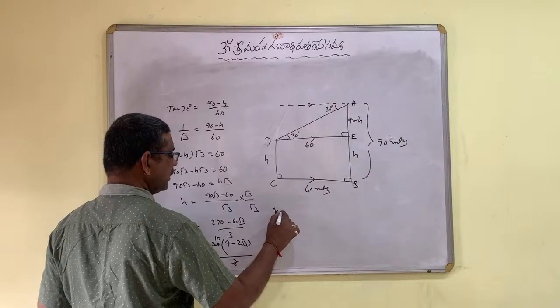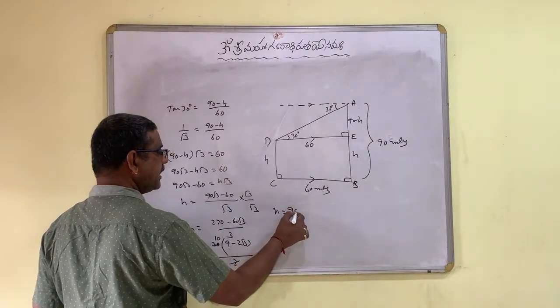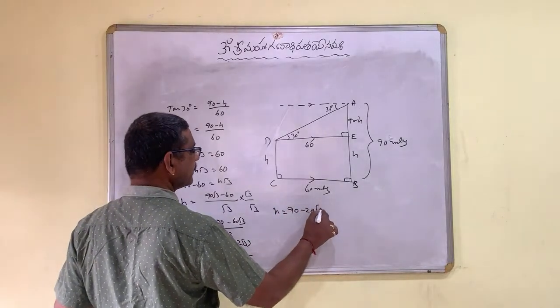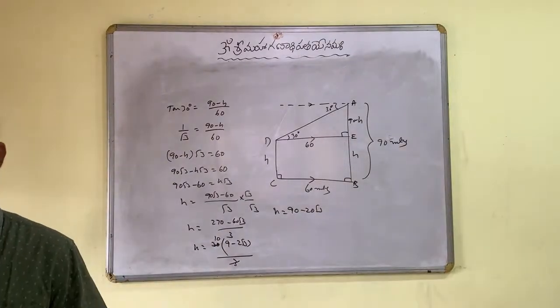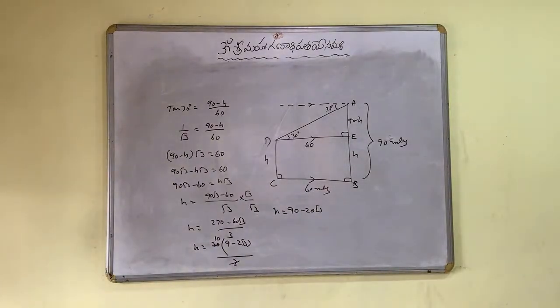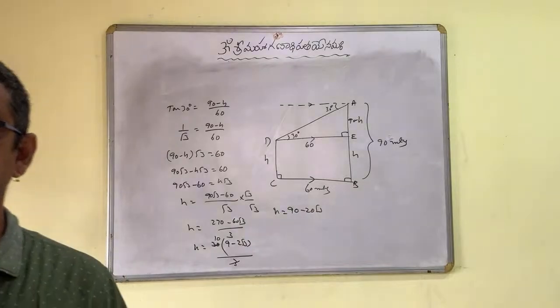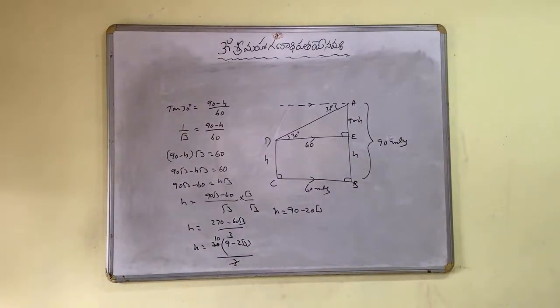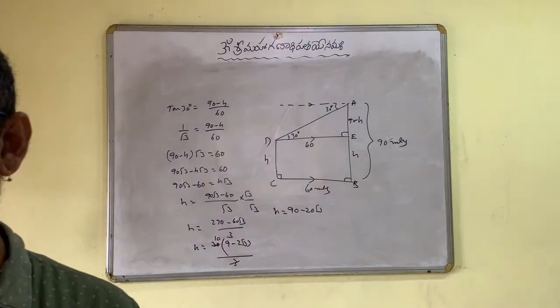So h is equal to 90 minus 20 root 3. You got the same, huh? 90 minus 20 root 3? Yeah. 90 minus 20 root 3.